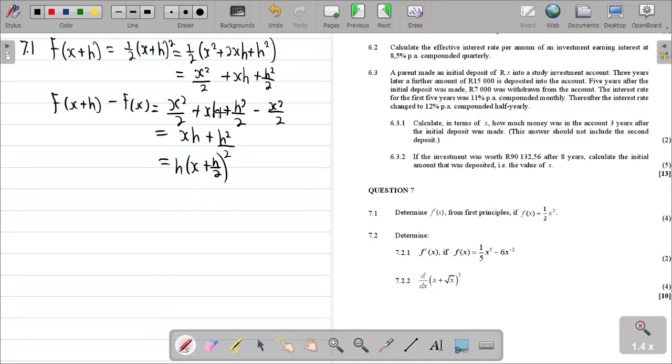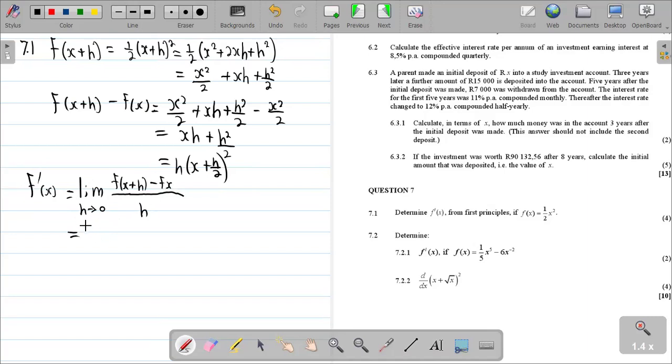So then h over 2, yes, we take out the factor here. So then f prime of x according to first principles equals the limit as h approaches 0 of what? So it's going to be f of x plus h minus f of x.